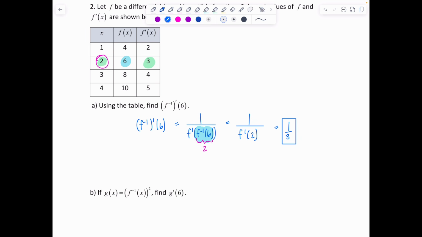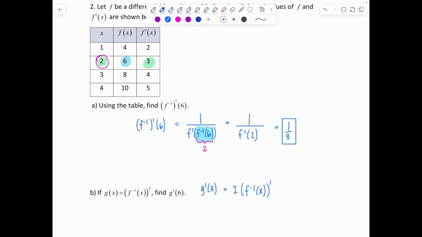Great. Okay, first let's write out what g prime of x would be equal to. So notice we have something squared. So bring the 2 down front, leave the something alone. New exponent is 1. Then, yes, multiply by the derivative of what's inside. What's the derivative of f inverse of x?